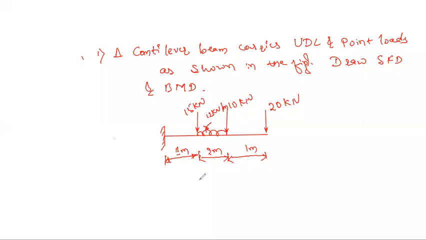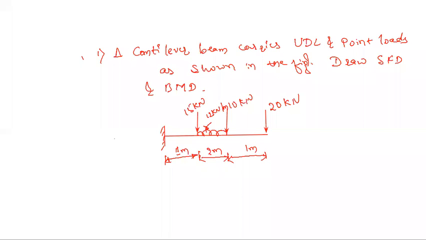Okay, fine. Now for this we need to calculate the bending moment and shear force diagram. This is a very simple problem. To calculate for this, first we need to make the sections.